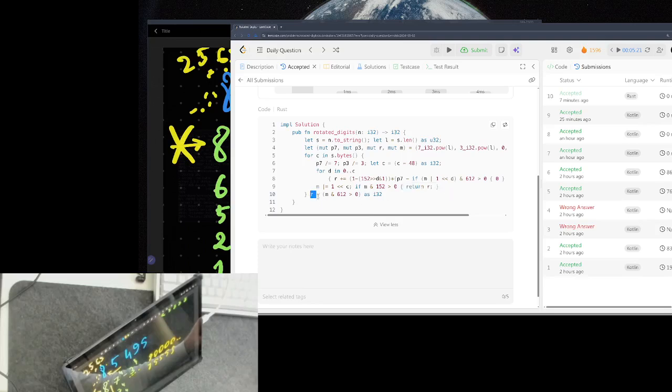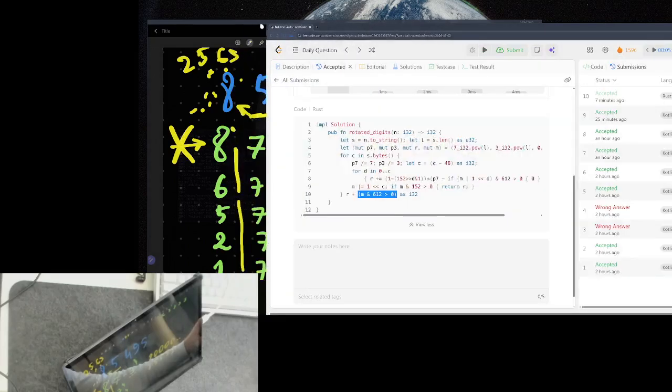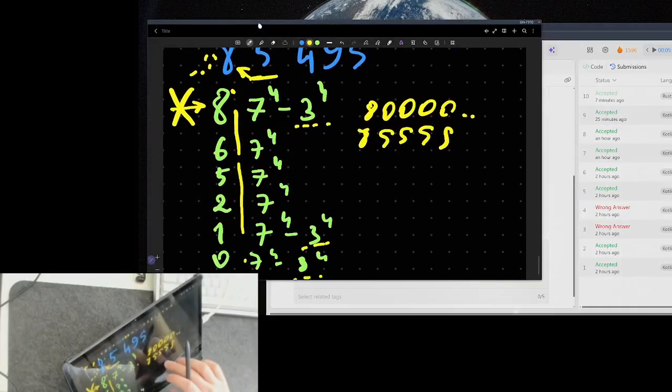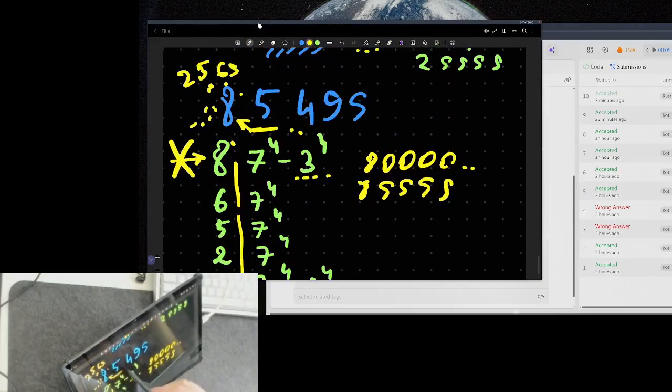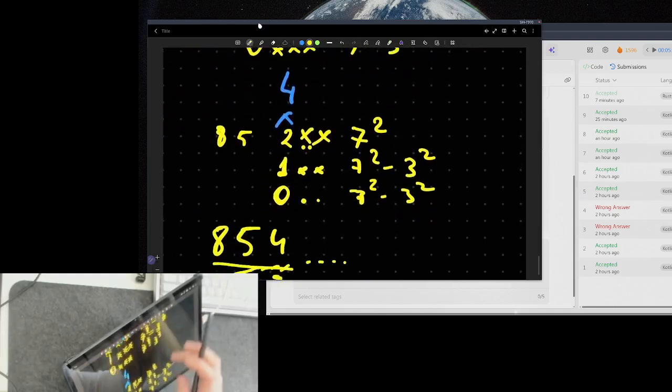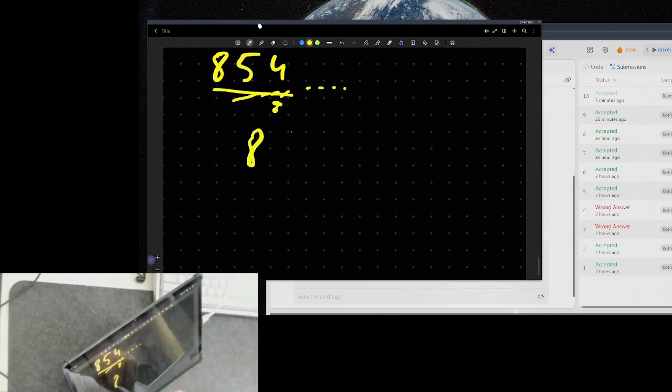And after the entire loop, we have to do +1 if the number itself is not forbidden. So I would explain the final +1. So imagine we have, instead of 4, some good numbers. So 8, 5, 9, 9, 9.